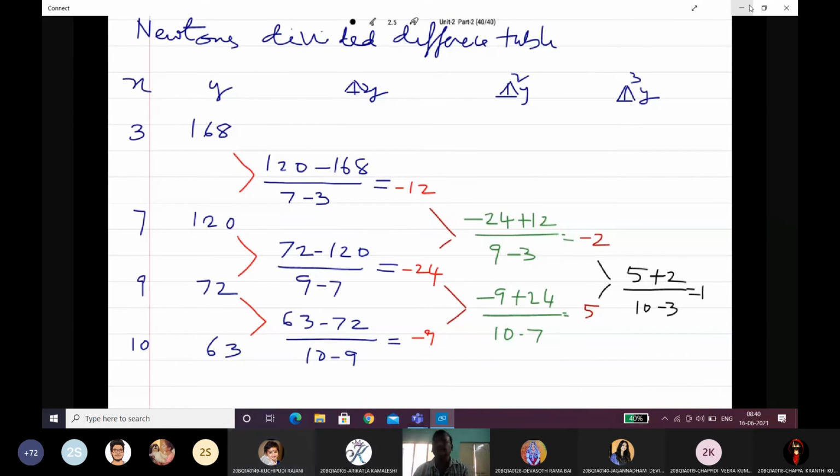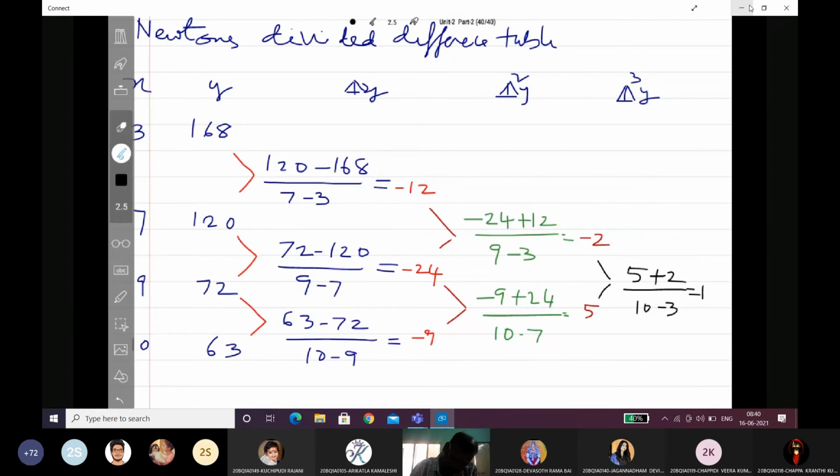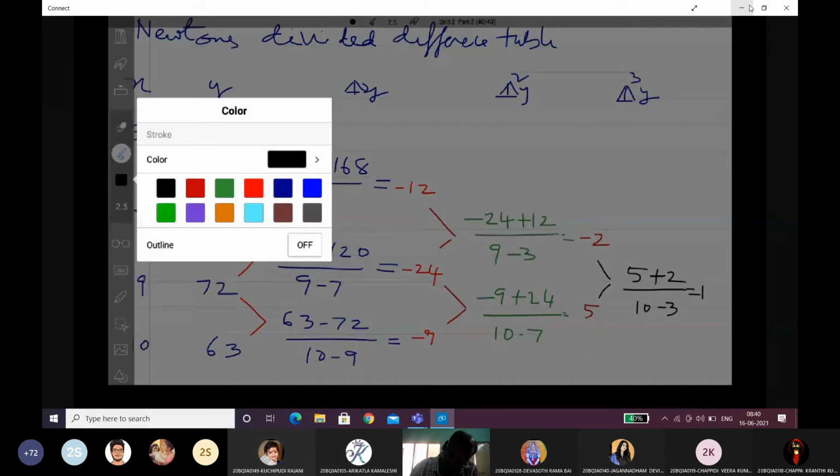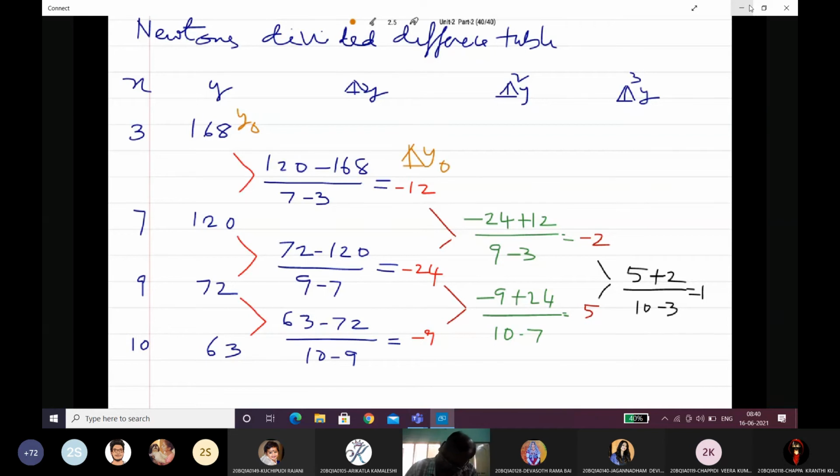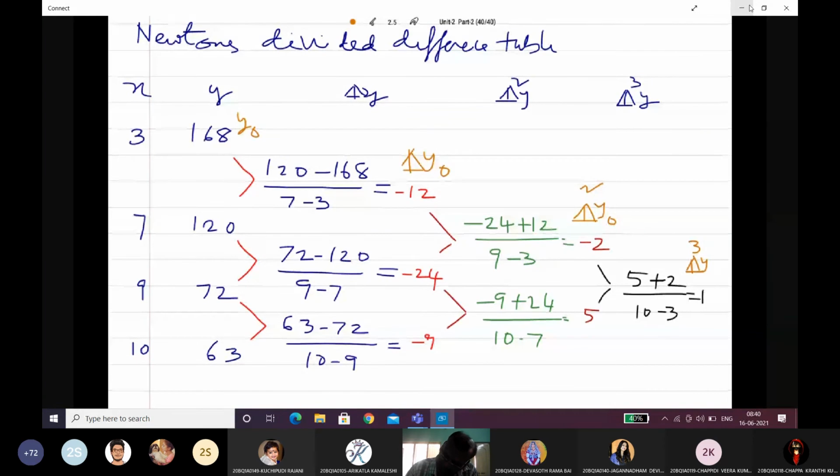1, sir. 1. So now we have to note down the values legibly. We have to identify the scalars. This one is y naught. This one is delta y naught. This one is delta square y naught. This one is delta cubed y naught.